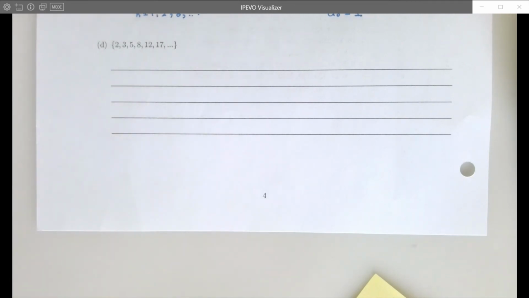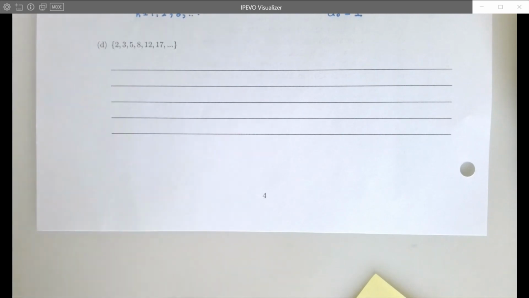So what we have to do now, or the next most natural thing to maybe consider, is to look at the difference between the two terms. So the difference between 2 and 3 is 1. The difference between 3 and 5 is 2. The difference between 5 and 8 is 3, between 8 and 12 is 4, between 12 and 17 is 5.